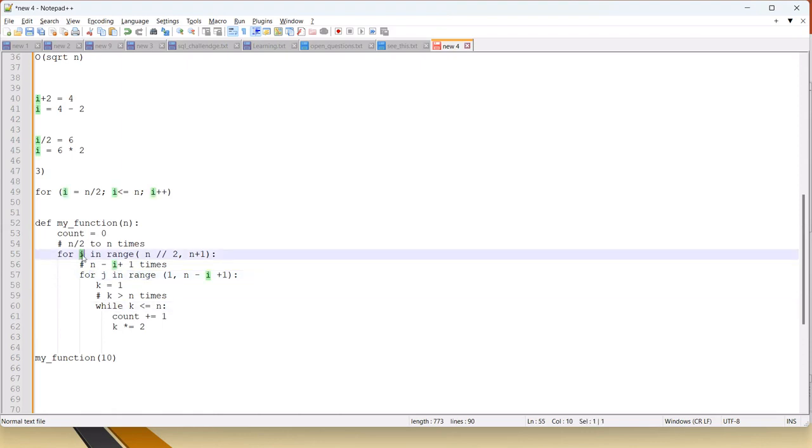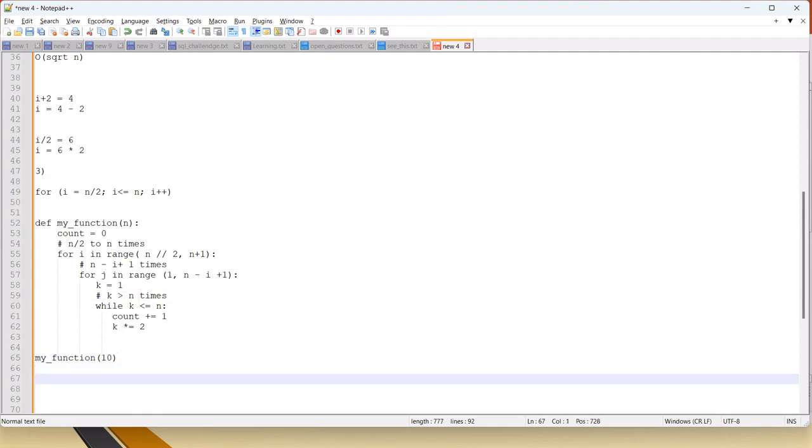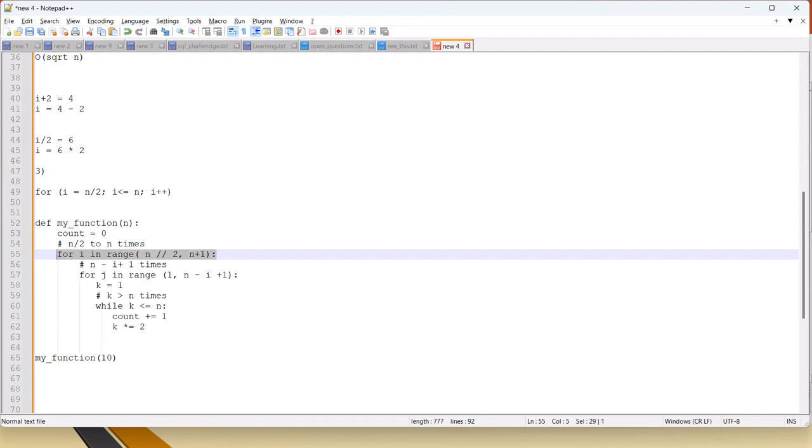So the outer loop will run for n by 2 to n times, the inner for loop will run for n minus i plus 1 times, and the while loop will run until k becomes greater than n. For analyzing all these, because they are all within another loop, we have to do the multiplication. So we know that this is running for n by 2 to n times.